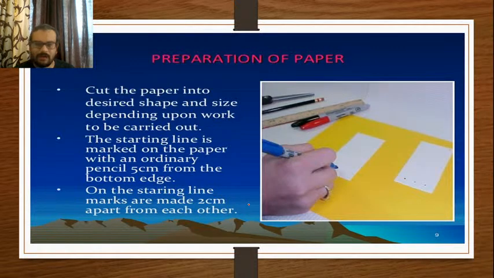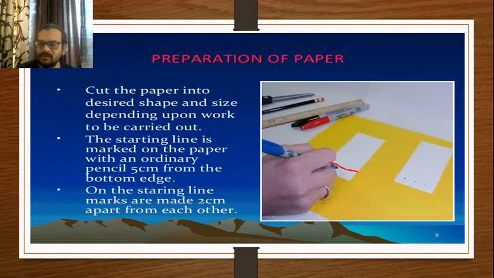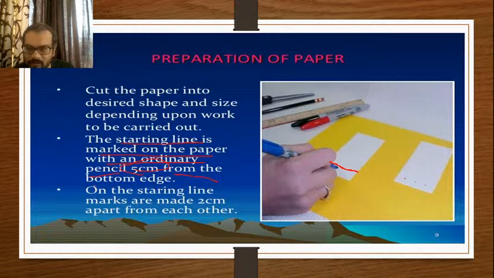Okay, now what you need to do, you need to draw a starting line, or what they call a baseline, at the end of the filter paper. Here they have stated that the starting line is marked on the paper with an ordinary pencil, 5 cm from the bottom edge.